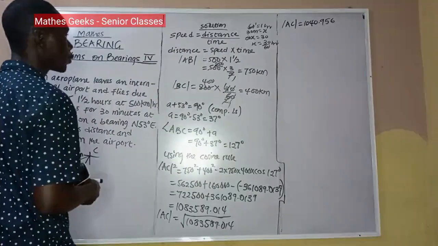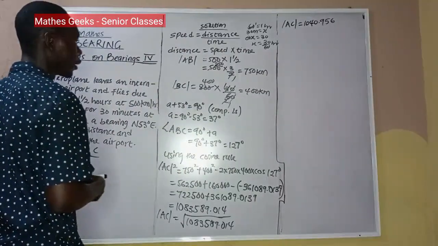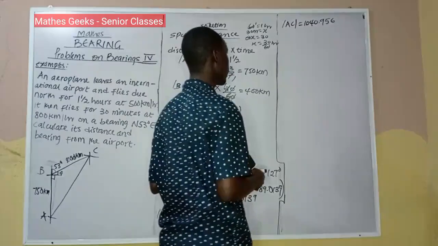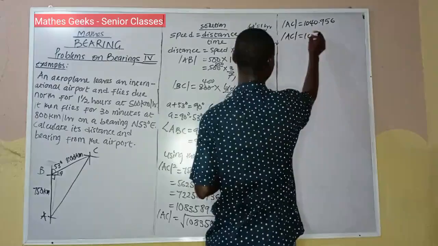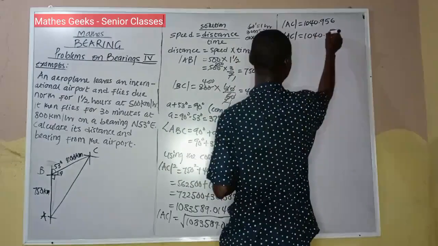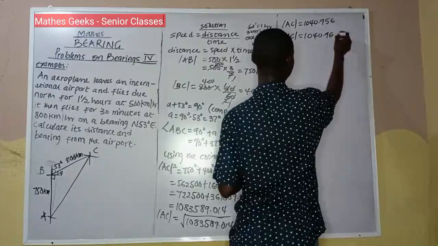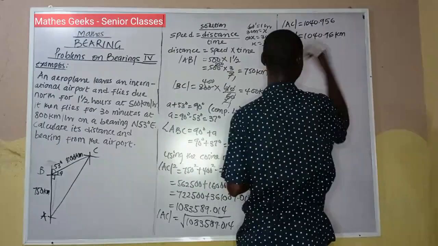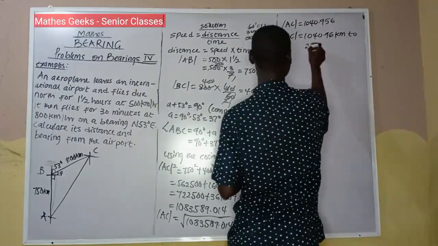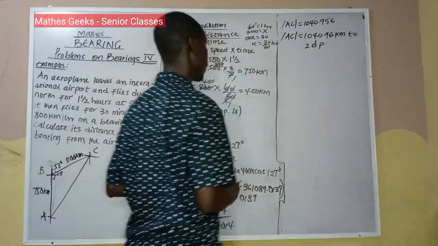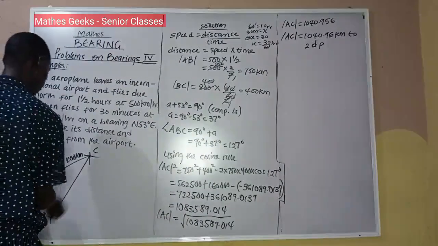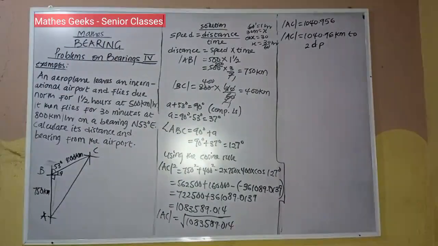Since the question did not tell us how many significant figures, I'm going to use my discretion. AC is 1040.96 kilometers to 2 decimal places. So that's the distance from A to C. Calculate this distance and bearing from the airport, that's A to C.